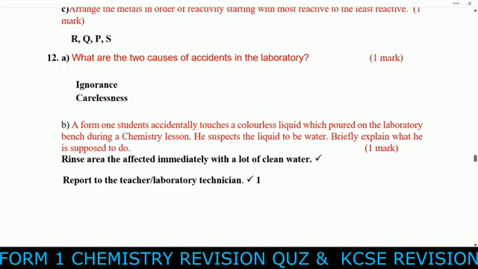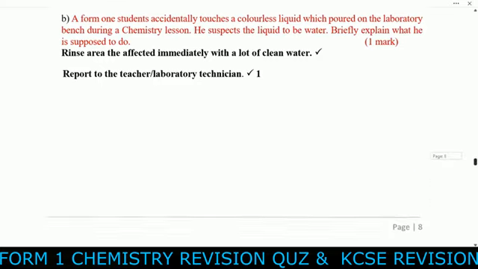He suspected that liquid to be water. Briefly explain what he is supposed to do. Rinse the affected area immediately with a lot of clean water, or report to the teacher or laboratory technician.